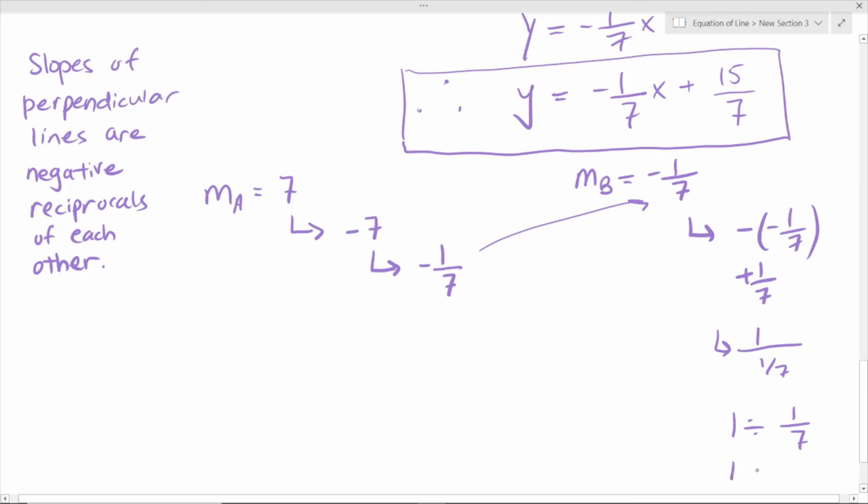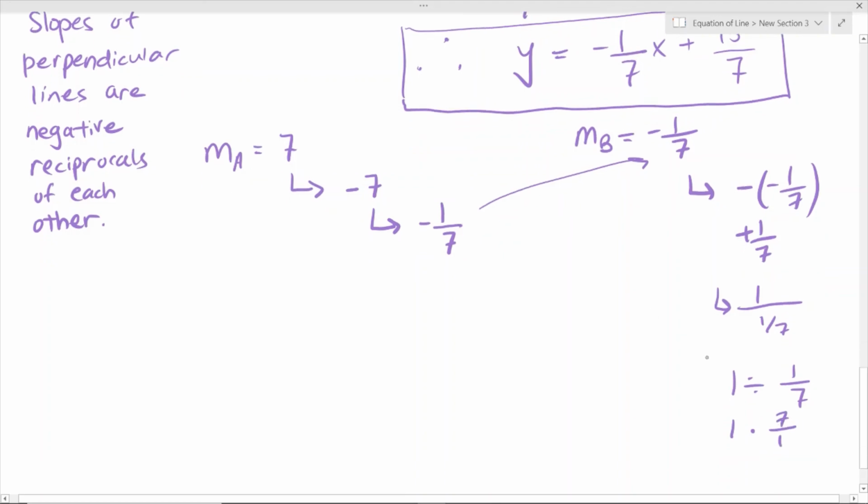It's going to be 1 times, we flip this, 7 over 1, and this is going to give us 7. So we get the slope of A from here, right? So that means basically we took the negative reciprocal. So we took the negative, okay, negative. Now we put it in the denominator, we basically flipped it, so that's a reciprocal. So we did that, and we get the slope of A. So that means these two lines, the slopes are negative reciprocals of each other.